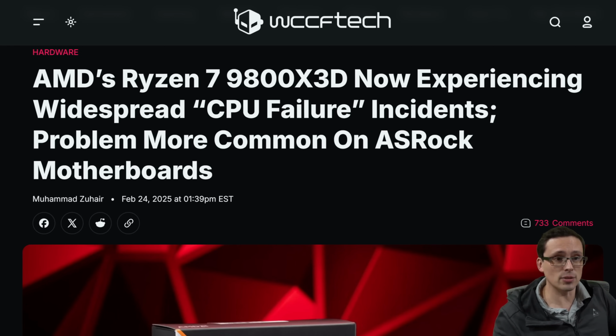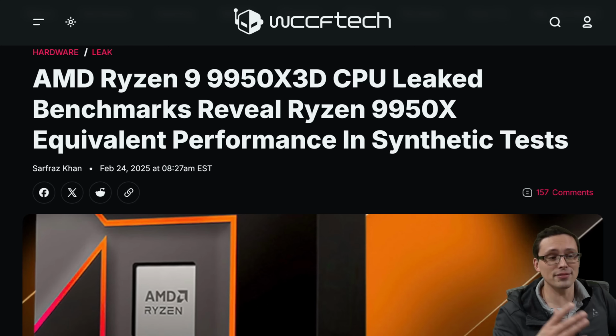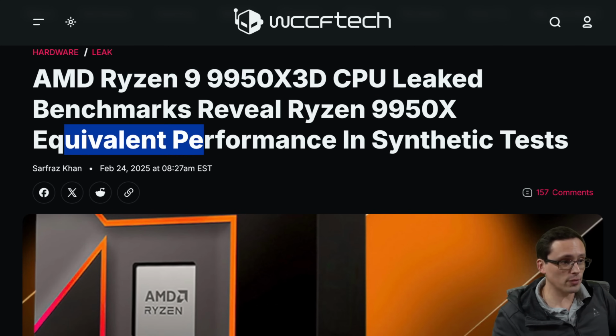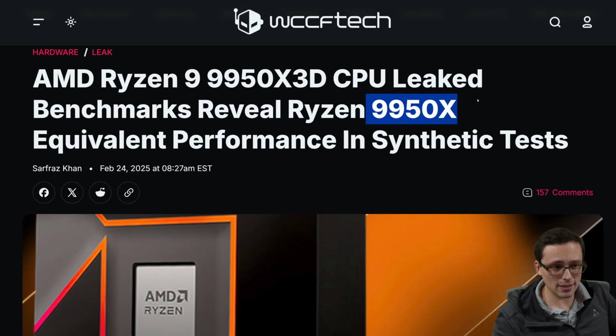Now, on the X3D chip side of things, there is a leaked benchmark showing the 9950X3D equivalent in performance to the 9950X. However, because this is synthetic benchmarking, this isn't the kind of thing where the 3D V-cache tends to pay off. In other words, it's gaming workloads where the 3D V-cache parts tend to really shine.